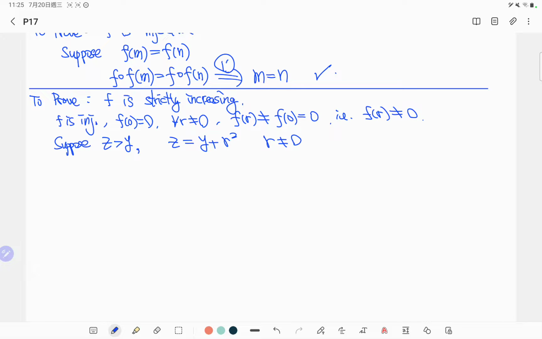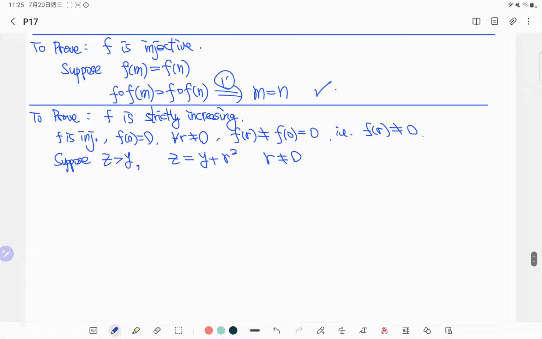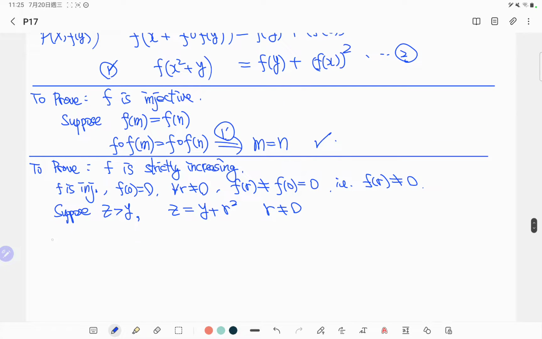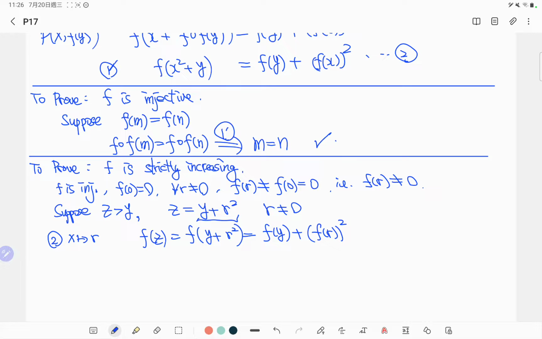Okay, so here, in equation 2, we just change x to be r. So here we will have f of y plus r squared equals f of y plus f of r quantity squared. And then here, y plus r squared will be z, so f of z should be equal to the left side.